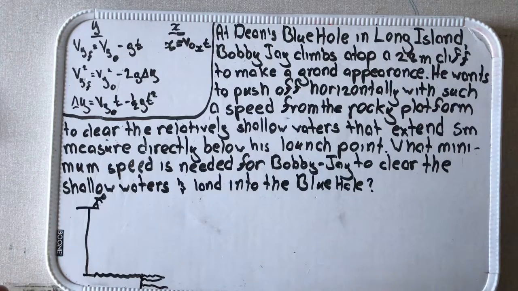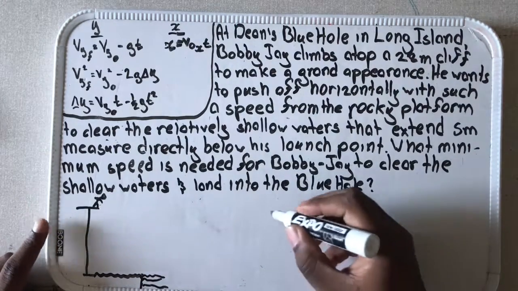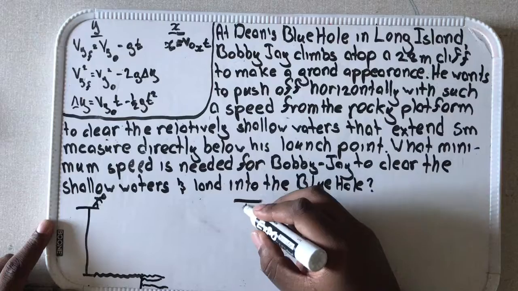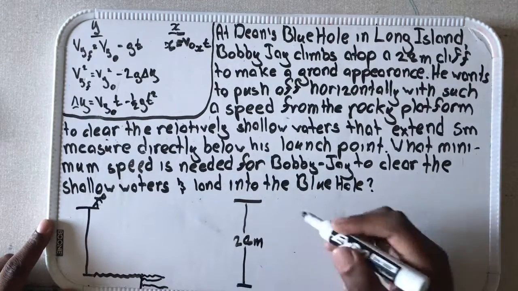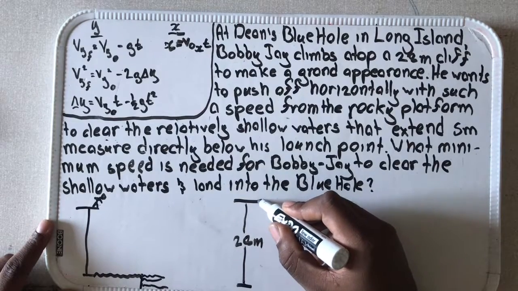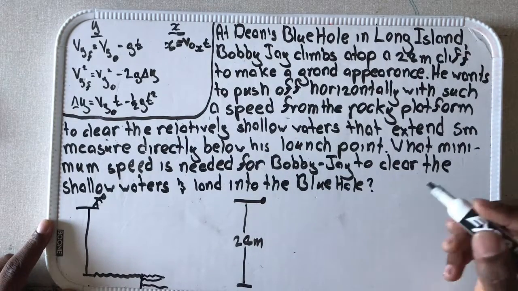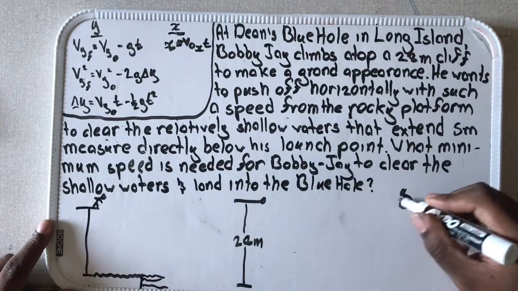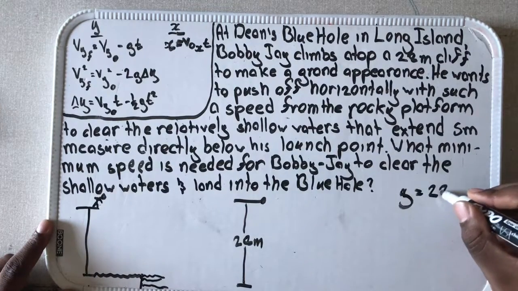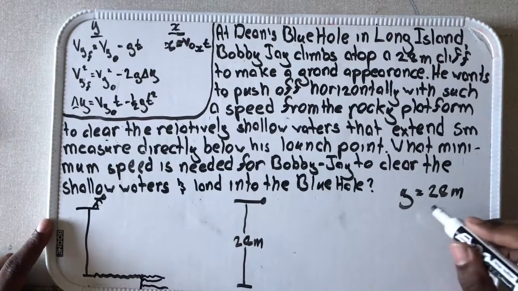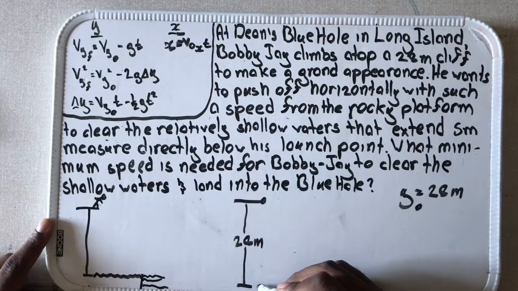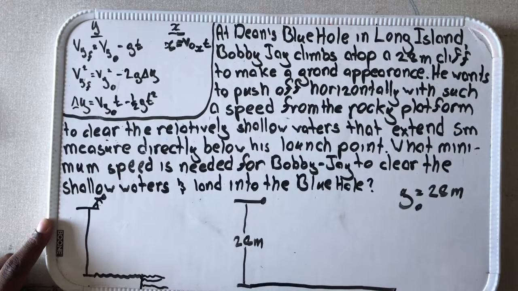So here I have a sketch of what is happening, and now I'm going to draw a more detailed diagram. Here I have some initial displacement, and this is my object here, and in this case my y naught will be 28, and I will take the ground as 0 again.